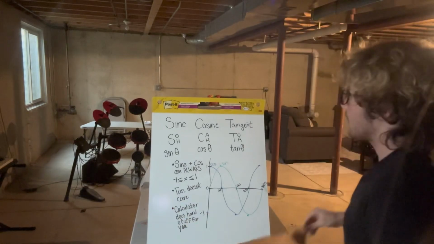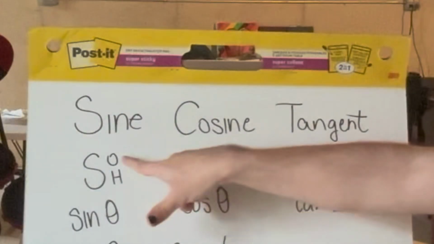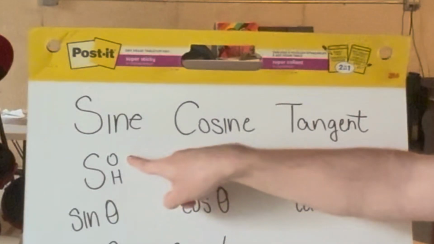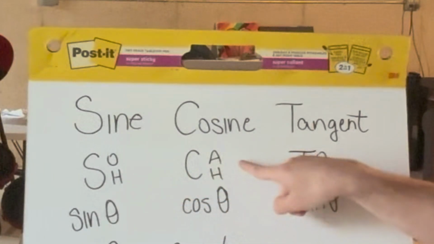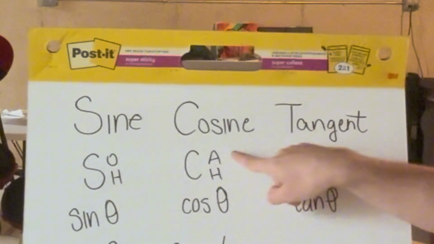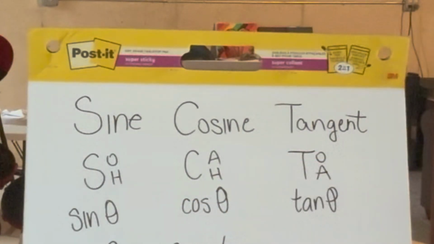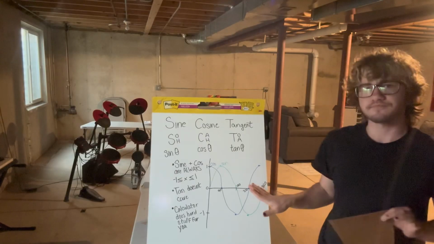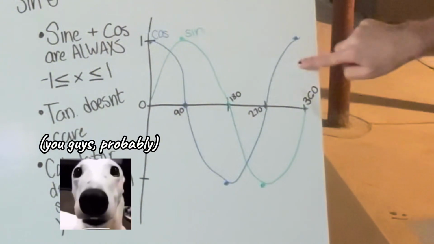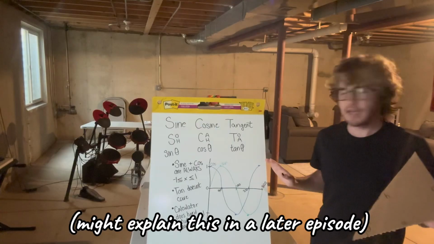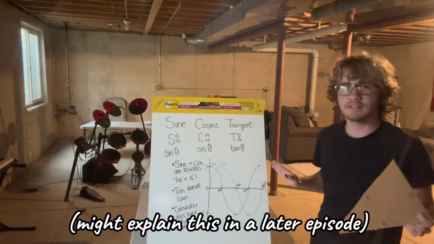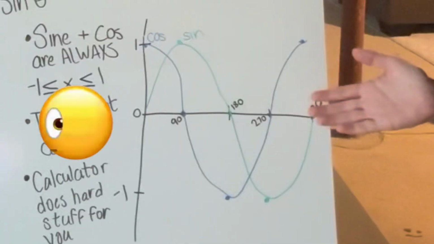Now, sine is the ratio of the opposite side over the hypotenuse. Cosine is the ratio of adjacent over hypotenuse. Tangent, opposite over adjacent. Now, with this sine and cosine graph, you don't really have to memorize it necessarily, just look at it.